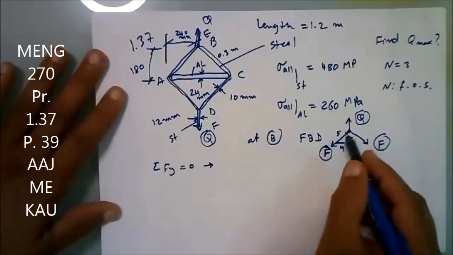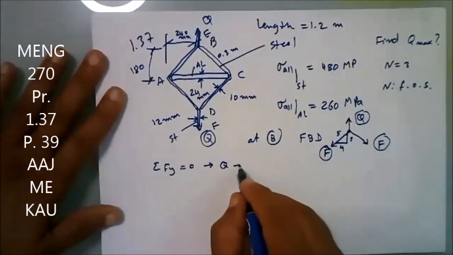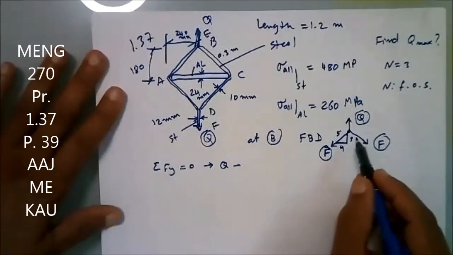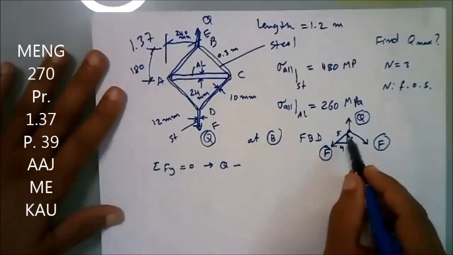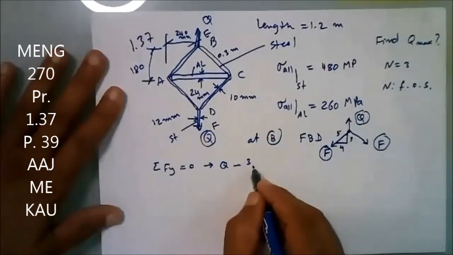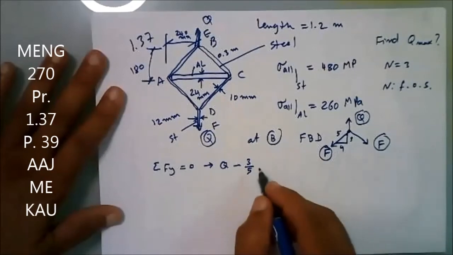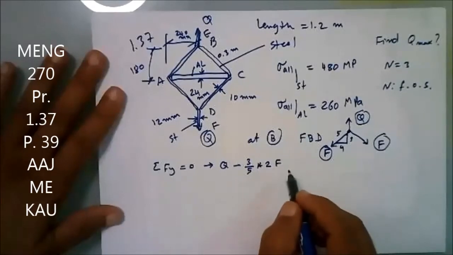What do we have? We have here Q, agreed, Shabab? Minus, because this is down, minus. Now this is not F, this is F, the resultant is F. What we are interested in is this component. If this is F, what would be the component in Y, Shabab? 3/5. Why 3/5? 3/5 times 2 times F. Why 2F?